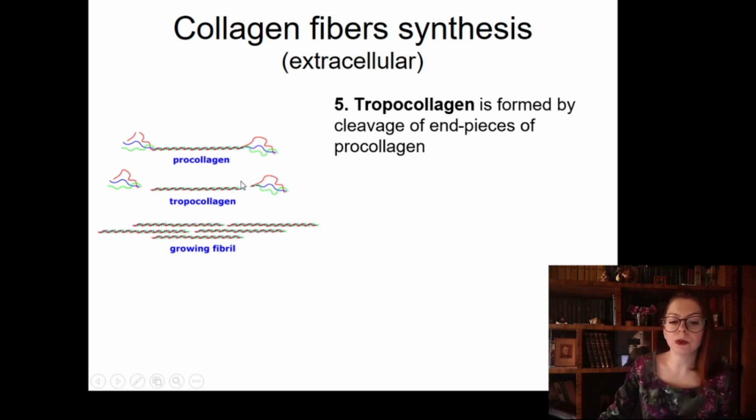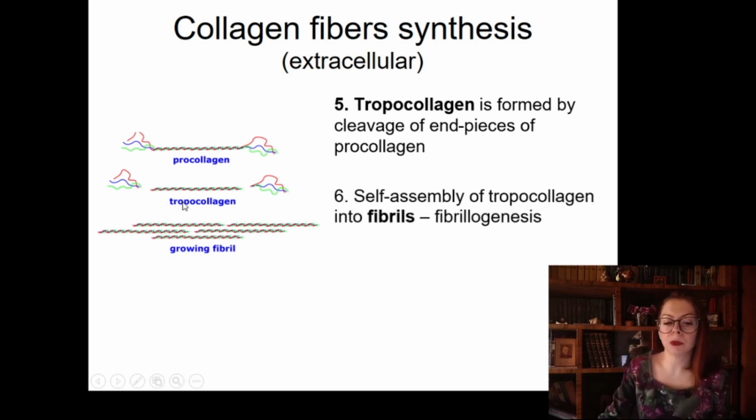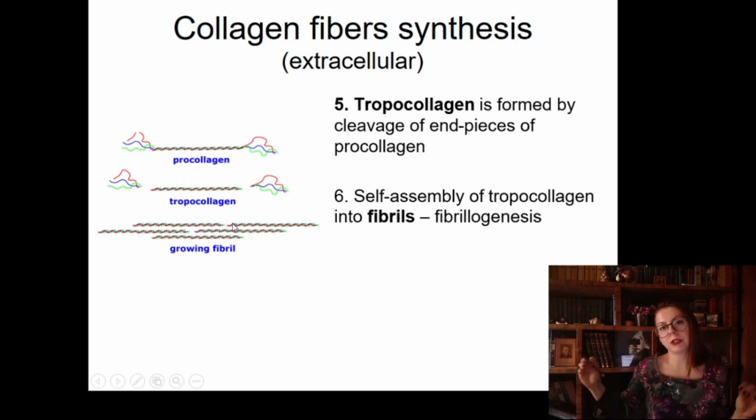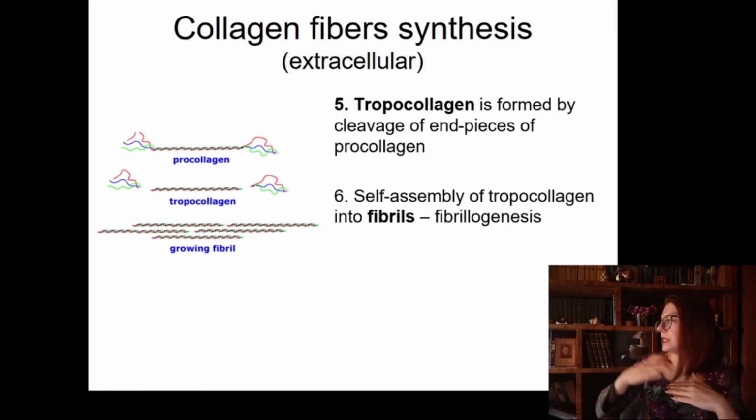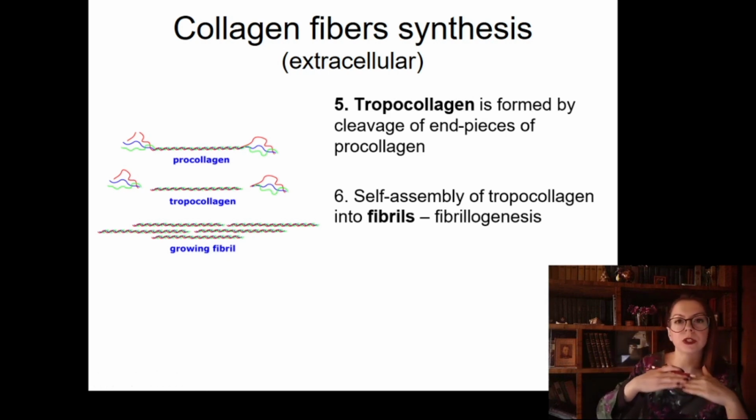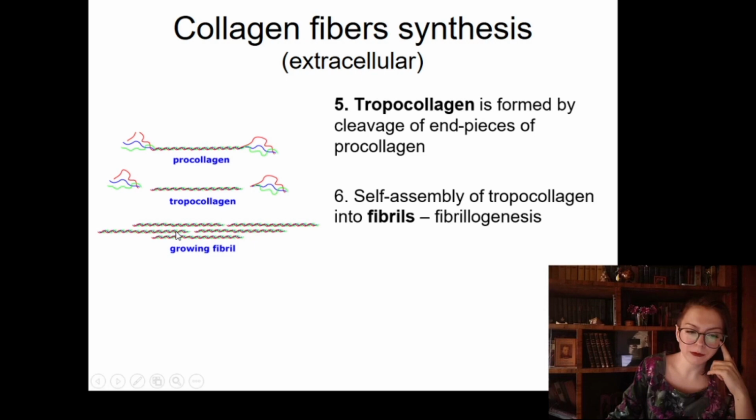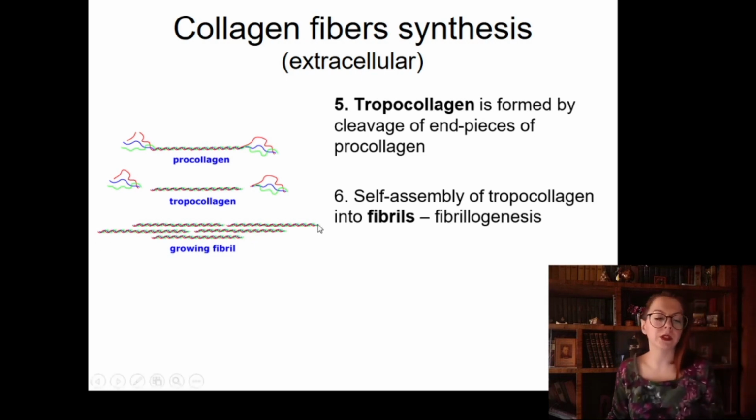And as those end pieces are cut off, the tropocollagen molecules undergo a self-assembly process, and without any external help, they form long fibrils by stacking with their lateral surfaces one with another. As you can see, they contact one another with their sides, along their long axis, and they form fibrils in this way.